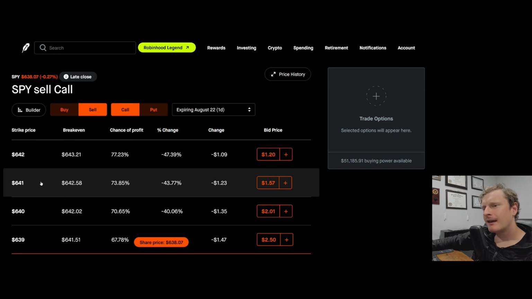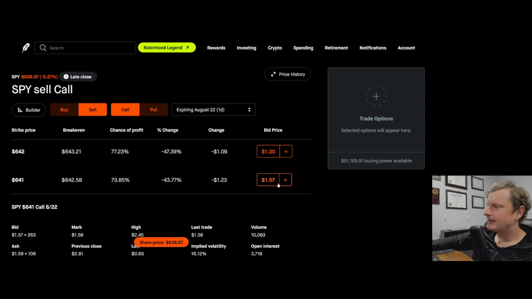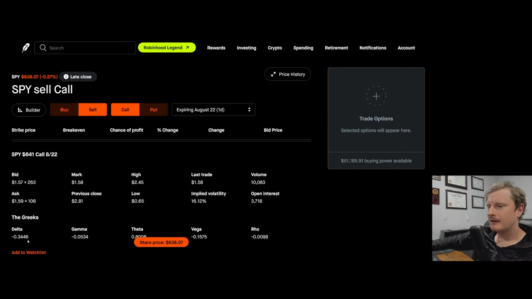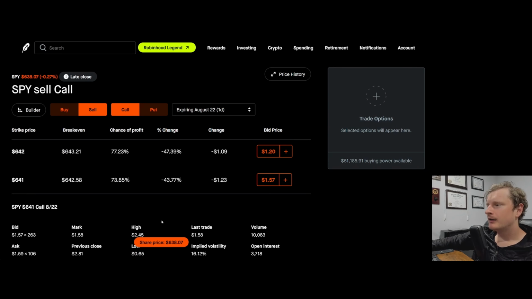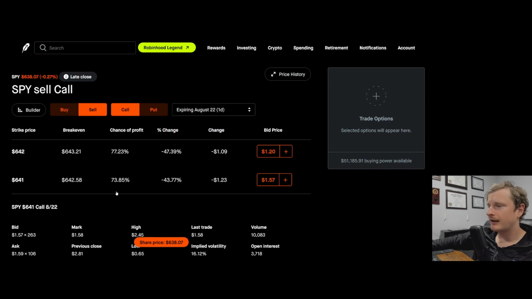Oof. I am liking $1.57 a lot more than $43. Delta of 0.34. I think tomorrow I might just run an expiration of 1 day, 2 days, expiring on the 22nd, so I can capture a little bit more premium at this 641 strike price.